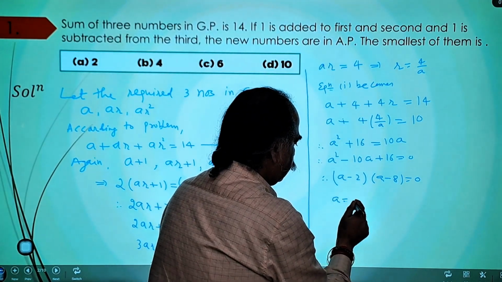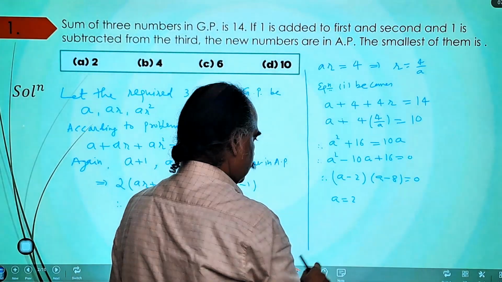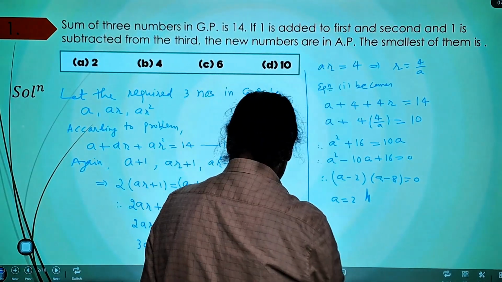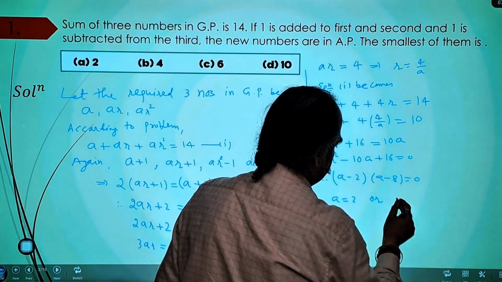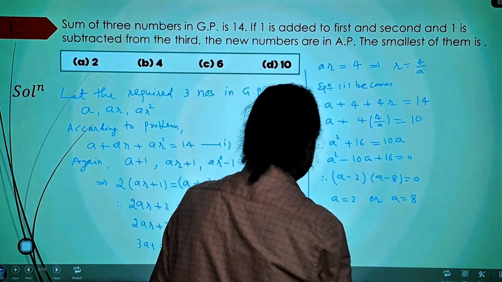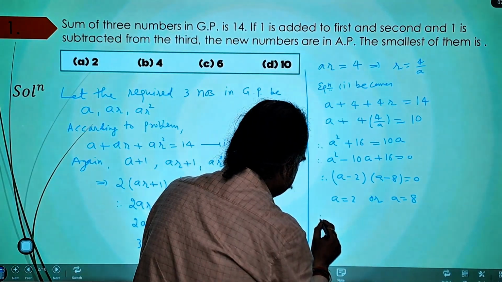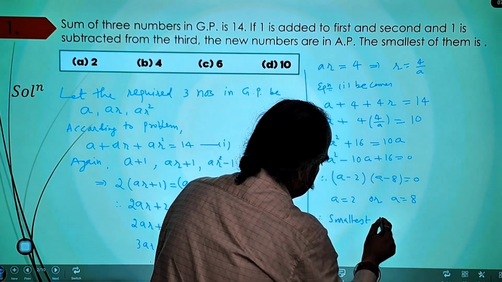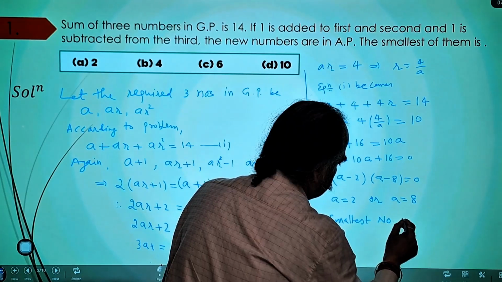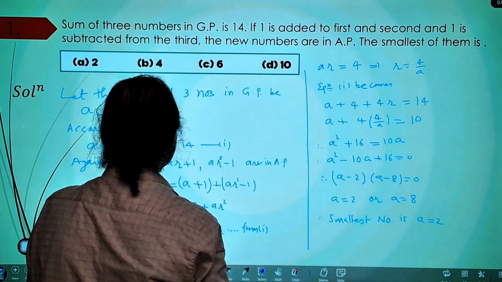So A is 2 or A is 8. Therefore the smallest number is A equal to 2. Answer is option A.